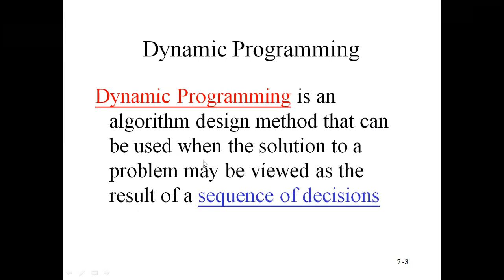We can use this technique when the solution to a problem is viewed as a result of a sequence of decisions. So we need to consider the solution as a sequence of decisions. What is a sequence of decisions?